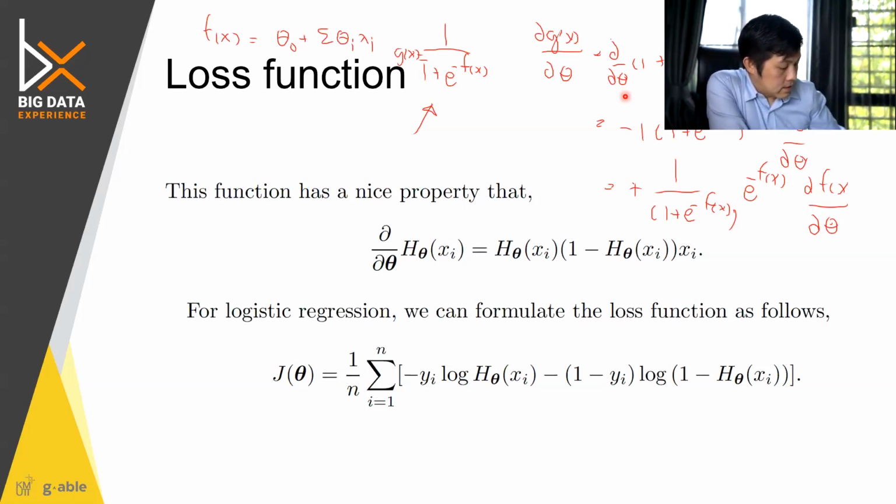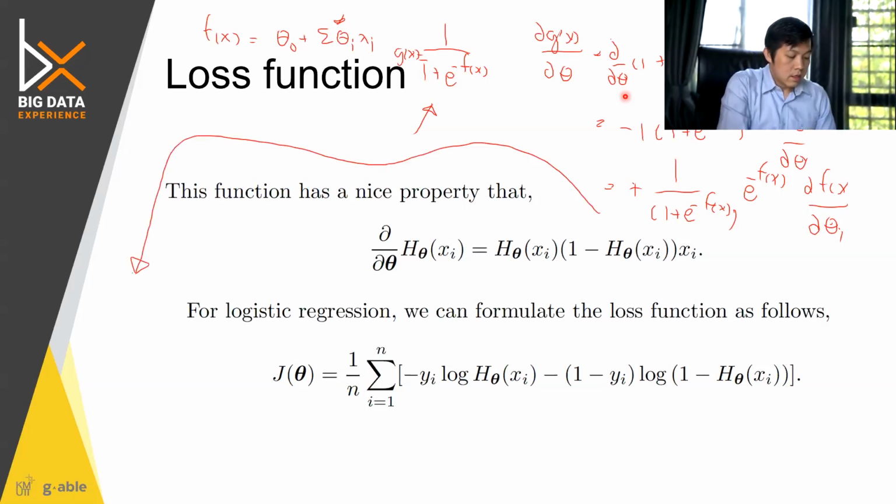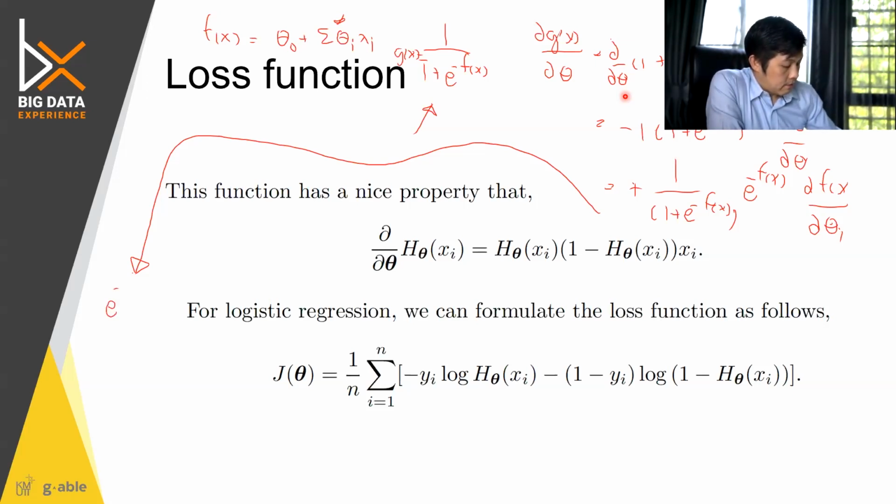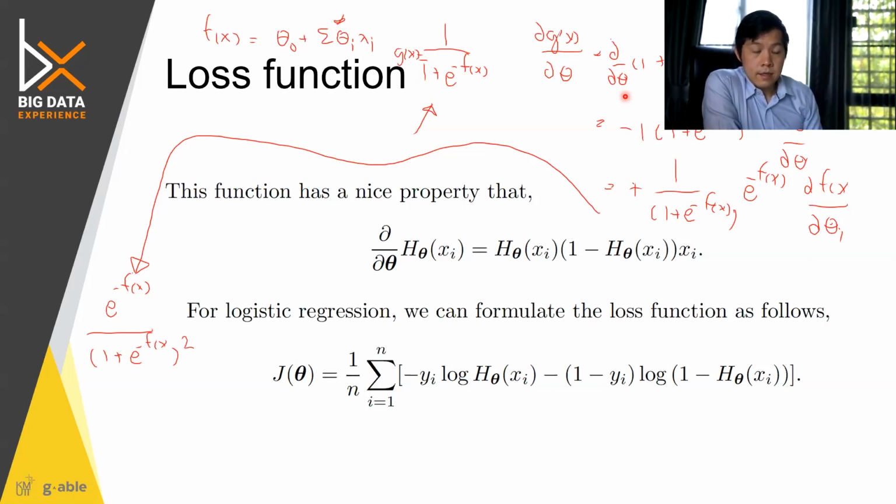So what is the partial derivative of fx by theta? Say you take a look at this. Suppose we talk about a certain theta i. I run out of space, so let me continue here. Once we have that, we would have e to the minus fx over 1 plus e to the minus fx squared, and the partial derivative of fx by theta equal to xi.